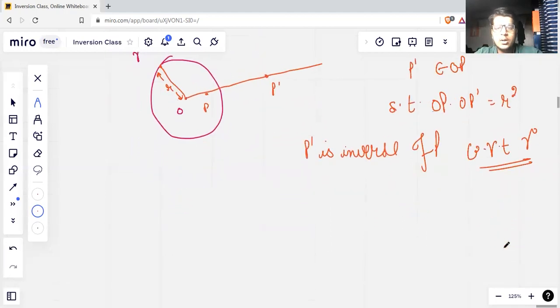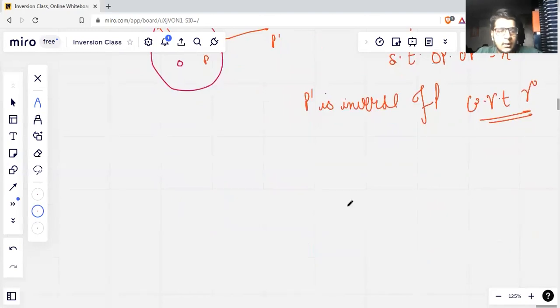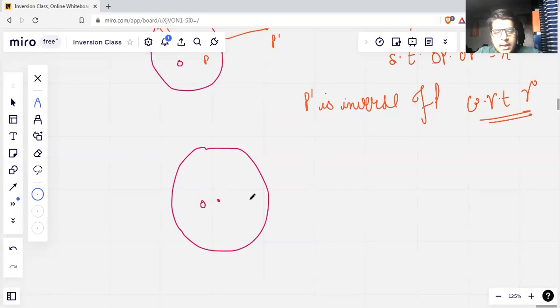Now, how do things work under inversion? Let's first consider a circle, and let's consider a point inside the circle. Where do you expect P dash to actually lie? Note that OP into OP dash should be R square.